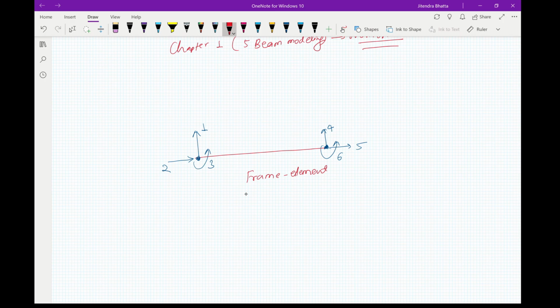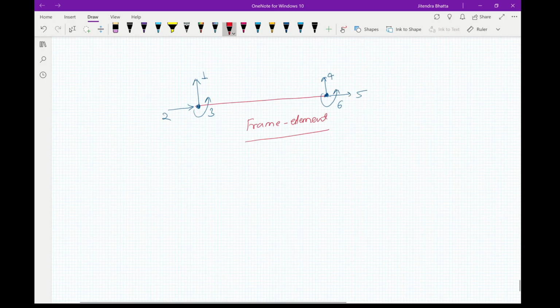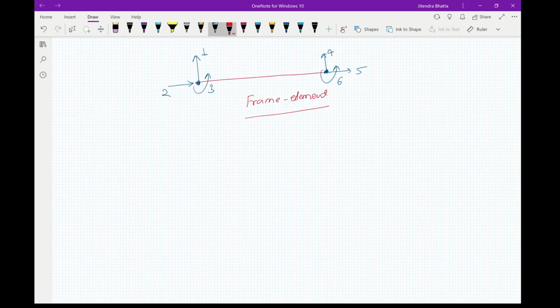Now to find your stiffness matrix for this case, you can see here that the frame element is a combination of bar element and the beam element.